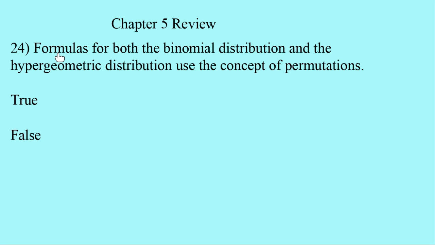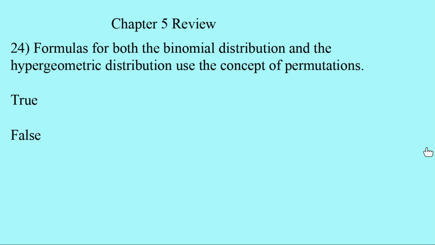Number 24, formulas for both the binomial distribution and the hypergeometric distribution use the concept of permutations. Okay, that's like how many multiple combinations can the distribution have? And so what it's saying is formulas for both of them use the concept of permutations.